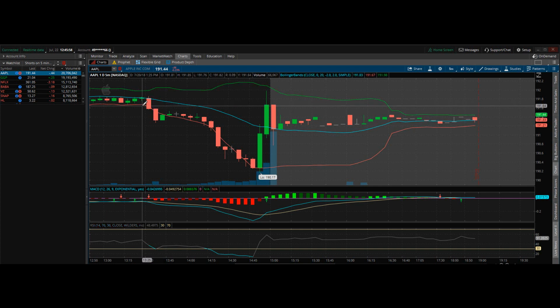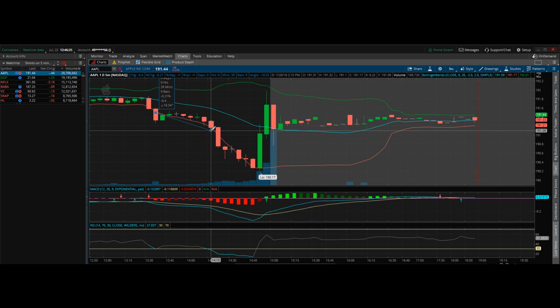Basically, with these Bollinger Bands, when a stock, especially a larger cap stock, breaks past this lower Bollinger Band, it's probably going to run down for at least a little while before it shoots back up. So on your day trades, you have to be quick to get that profit and get out. So let's just say you got in right here, and you rode it to right here.